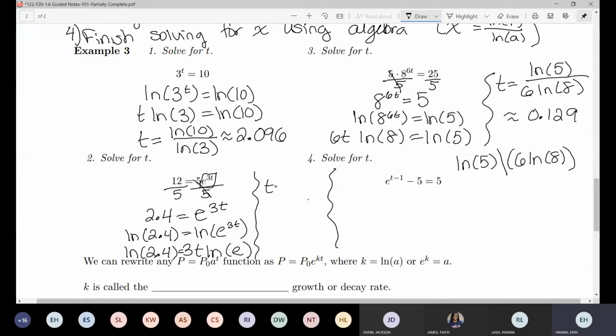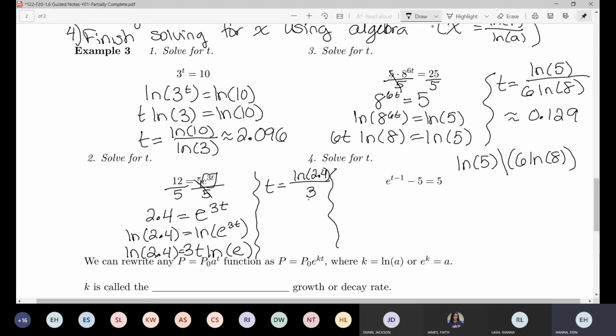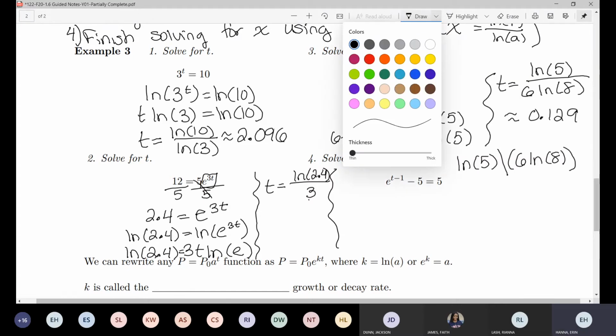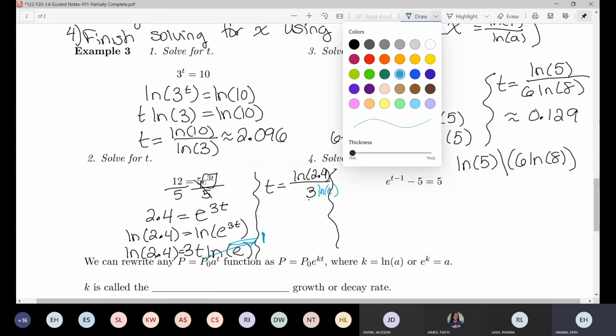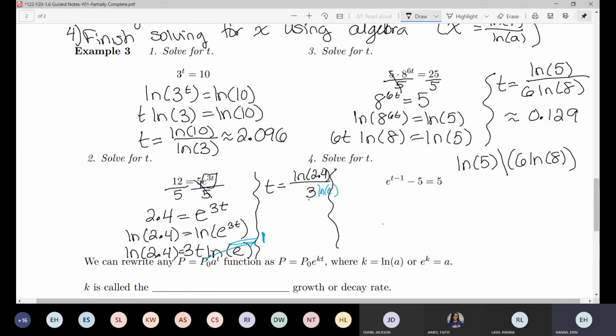So technically, if I were doing this, I would just say natural log of 2.4 divided by 3 because the natural log of e is equal to 1. But if you had the natural log of e down here, you would be completely correct as well. So whatever floats your boat. But the natural log of e is 1, so we can just do natural log of 2.4 divided by 3 to give us 0.292.